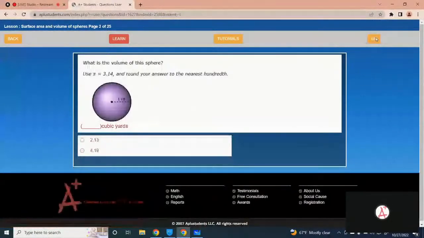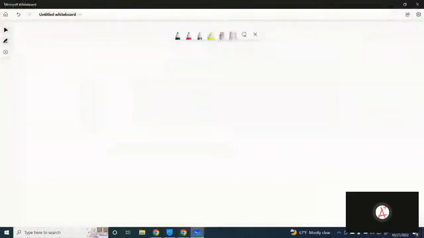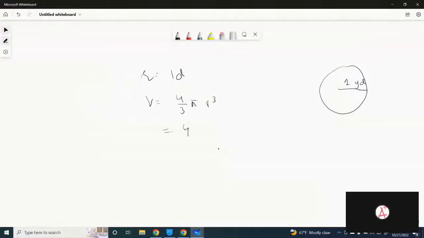Okay, now you're given again a sphere and you have to find the volume. The radius of the sphere is 1 yard. So you have to use the formula. Radius is 1 yard. V equals 4 by 3 pi r cube. Got it? Just put the values.